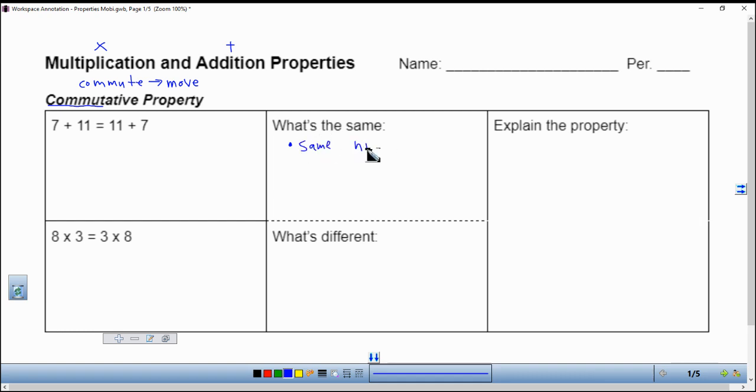In the first example, we have 7 and 11, and in the second example, we have 3 and 8. We can also see 7 plus 11 is 18, 11 plus 7 is 18. 8 times 3 is 24, 3 times 8 is 24. Both of these expressions have the same value.